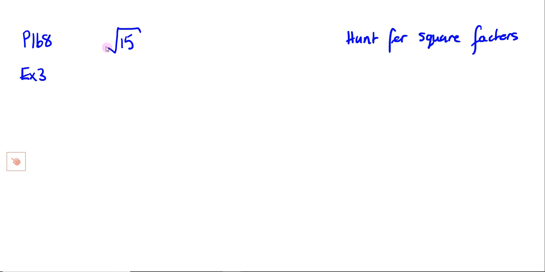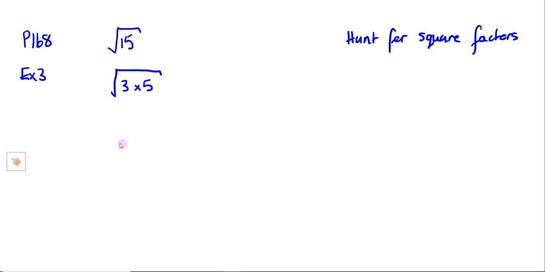So when I look at 15, is 15 a square number? No. So what I can do is try and break it up into factors where one of them might be a square number. We can break it up into 3 multiplied by 5. Neither of them are square numbers.